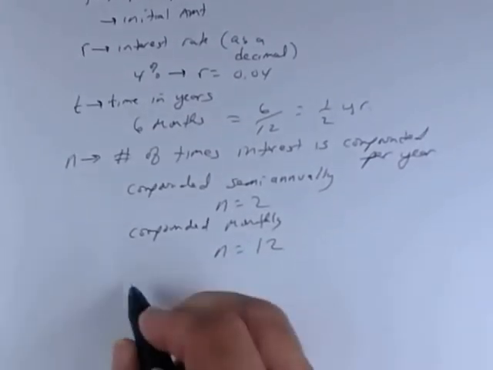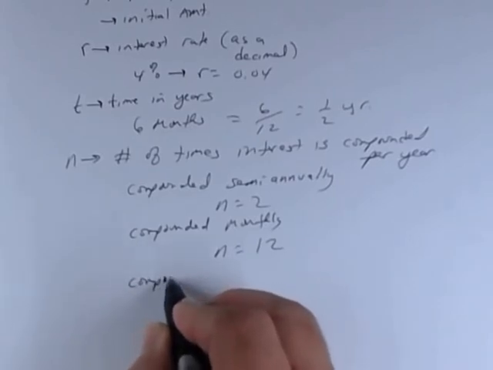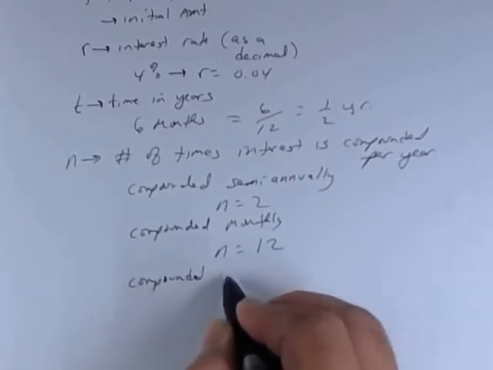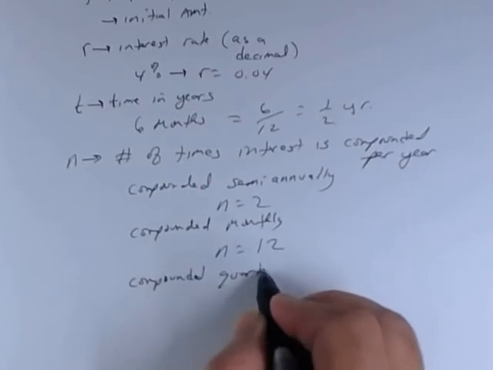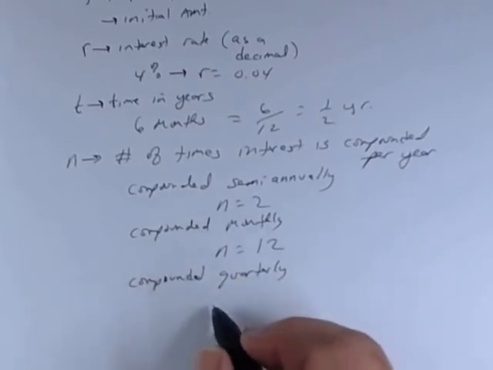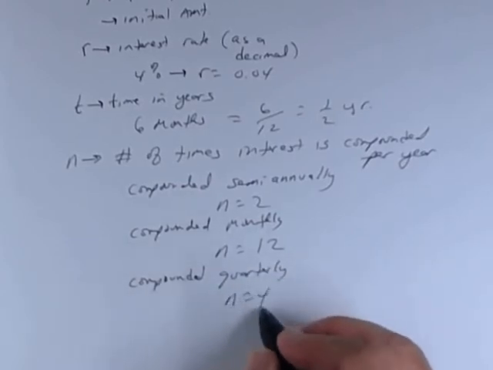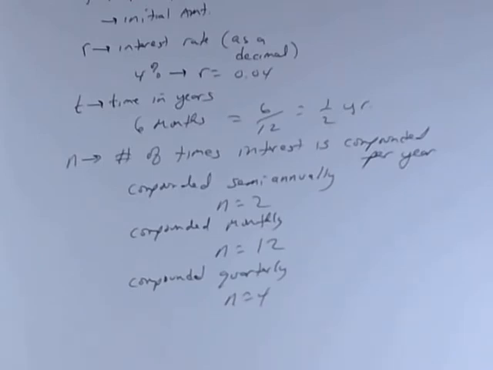If it's compounded quarterly, how many quarters are there in a year? 4. And that's about all you really need for the compounded part. So compounded semi-annually, N is 2; compounded monthly, N is 12; compounded quarterly, N is 4.